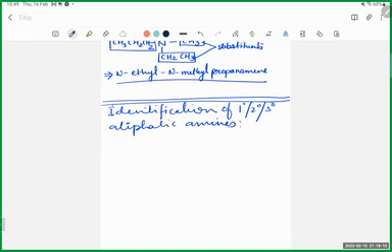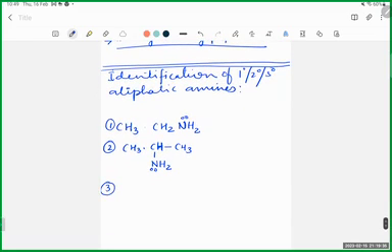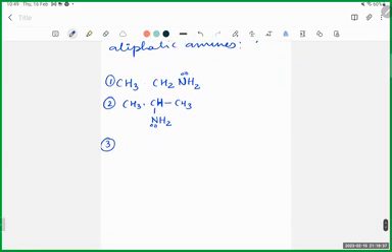Is this clear, Hridaya? Yes, ma'am. So I'm writing examples, and then let me finish the examples, then we'll go for discussion. Just keep your concept clear. Wherever nitrogen, that should contain 2 hydrogens for 1 degree, 1 hydrogen for 2 degree, no hydrogen for 3 degree. No worry, right? Yes, ma'am.